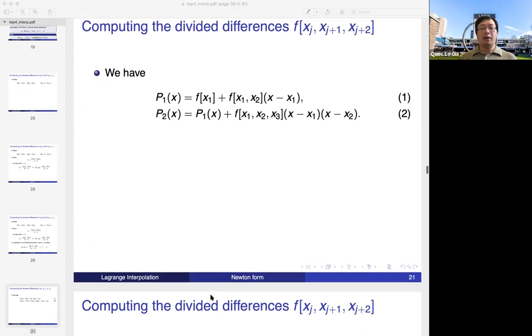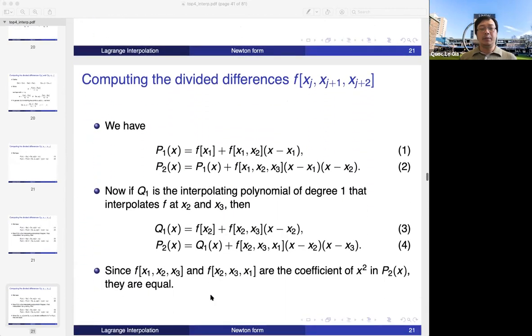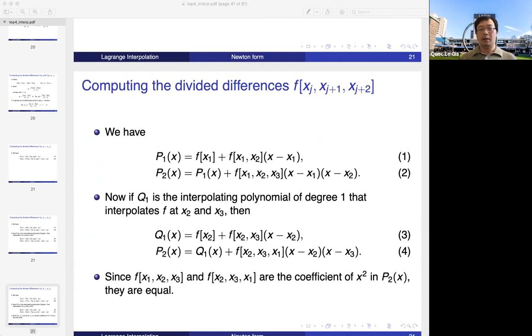In order to find a2, remember the picture. Let me share the picture. So the picture looks like this.